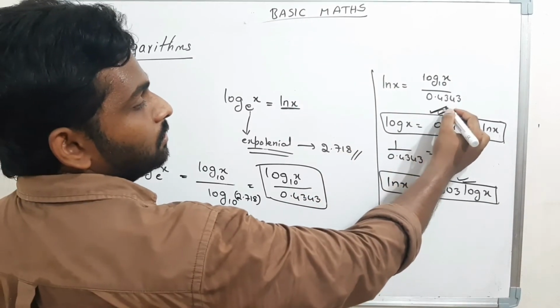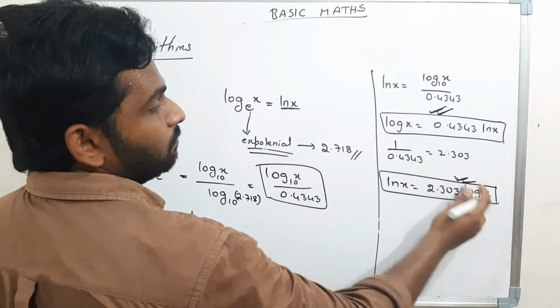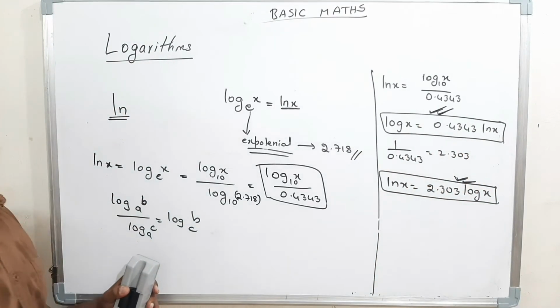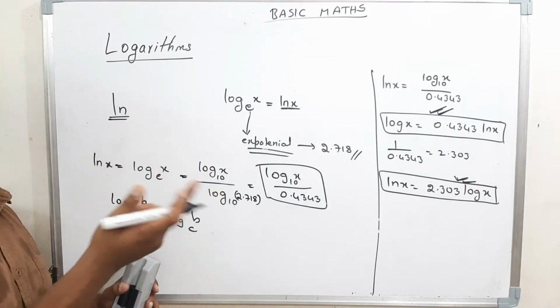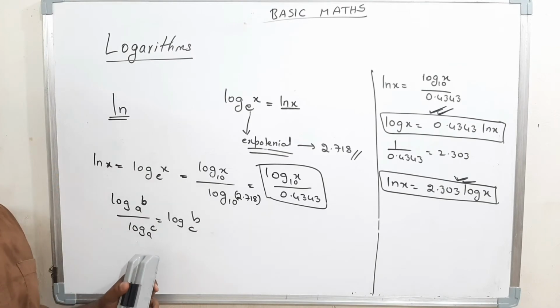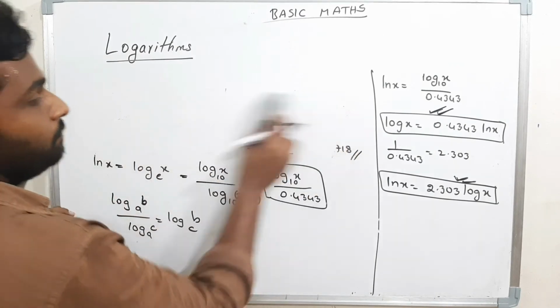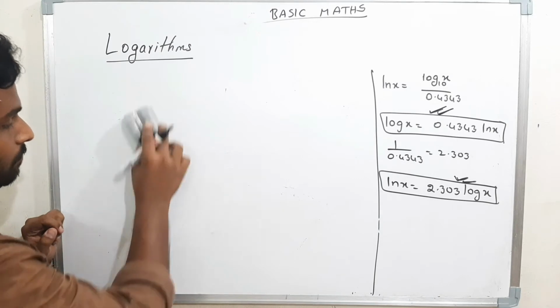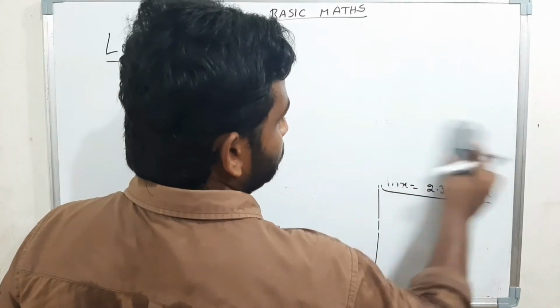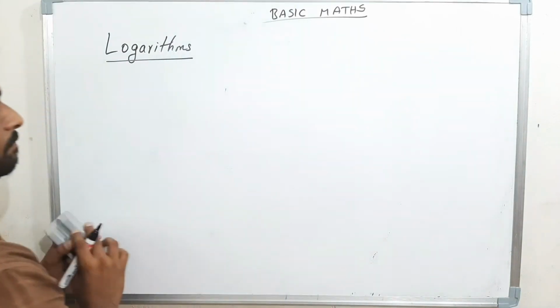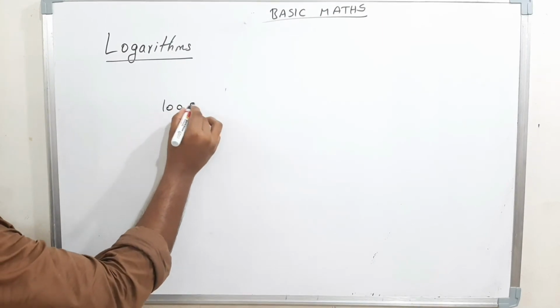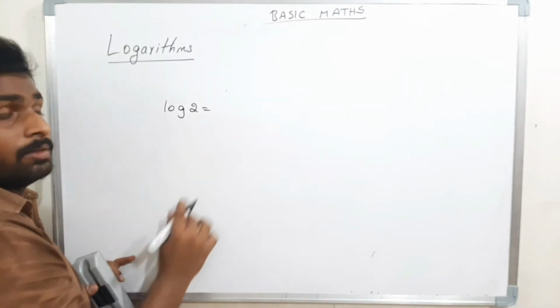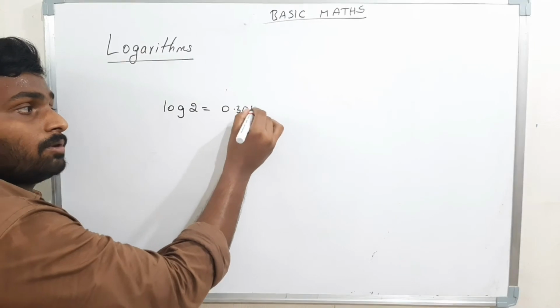This is one relation and this is one more relation. Please remember these two, the relation between log and ln. This is very important. What is the value of log 2? The value of log 2 is 0.3010.